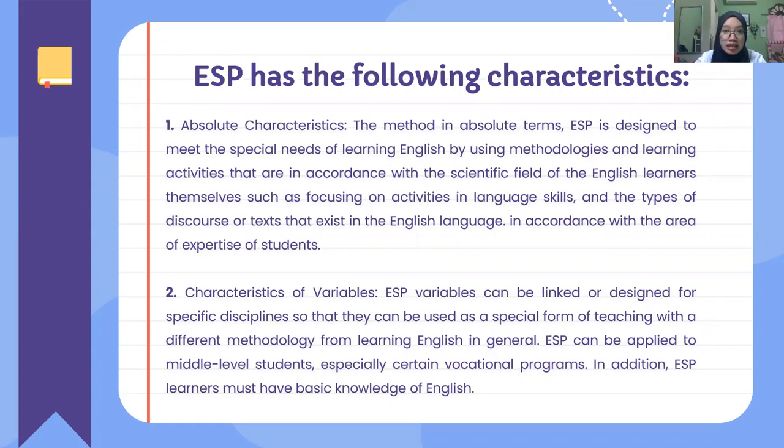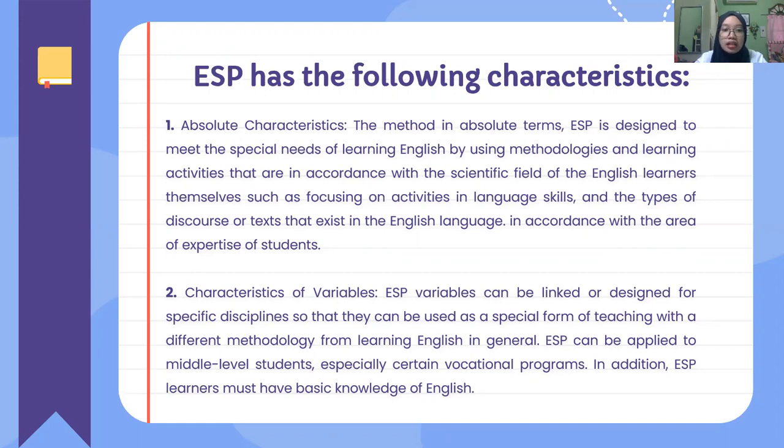ESP is designed to meet the special needs of learning English by using methodologies and learning activities that are in accordance with the scientific fields of the learners themselves, such as focusing on activities and language skills and the types of discourse or text that exist in English, in accordance with the area of expertise of the student.